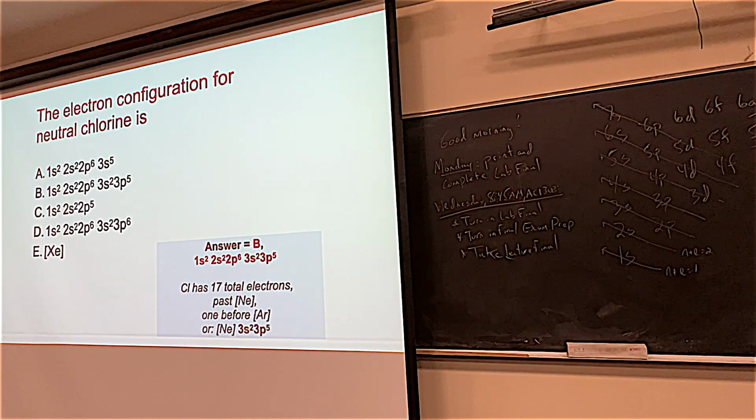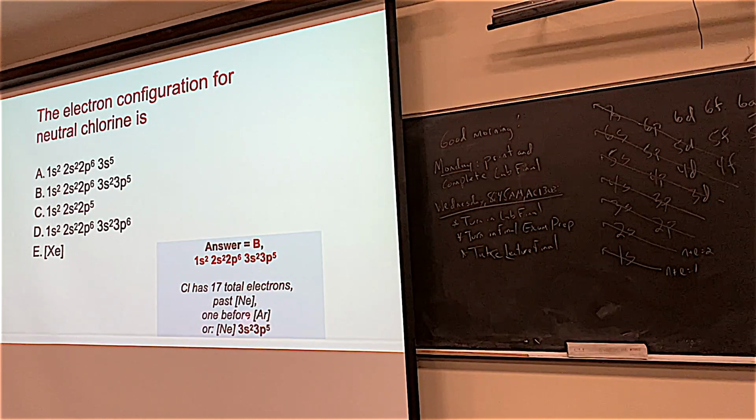And if you ever get lost on this journey, which is totally understandable if it's new, you can count the superscripts. So 2 plus 2 plus 6 is 10, plus 2 is 12, plus 5, 17. And that's how many electrons chlorine will have. So lots of different pieces of information there, but this is how scientists find how many electrons are in the different atoms.